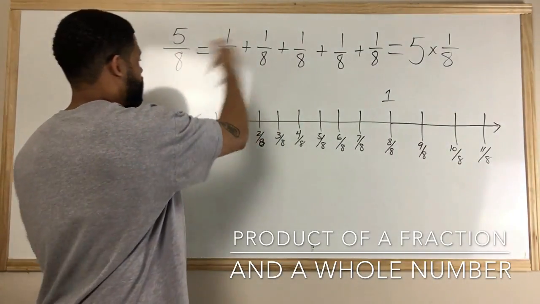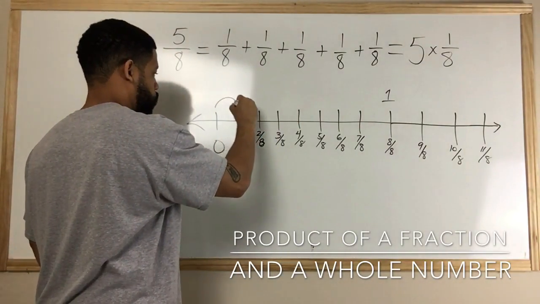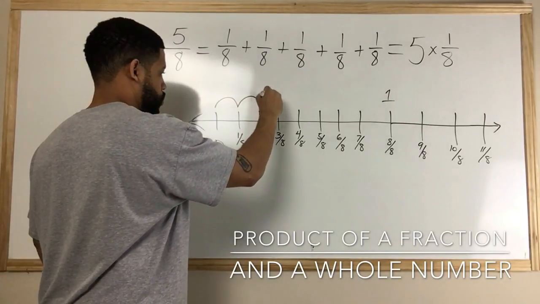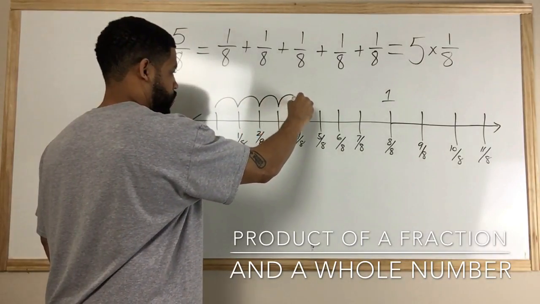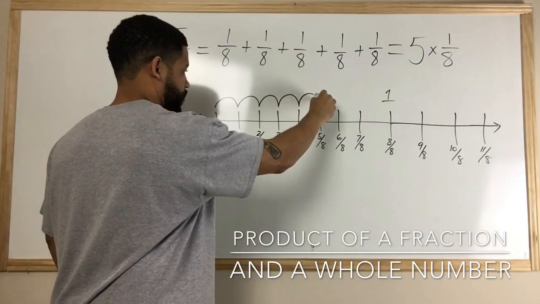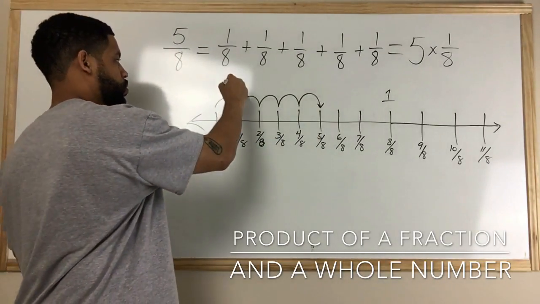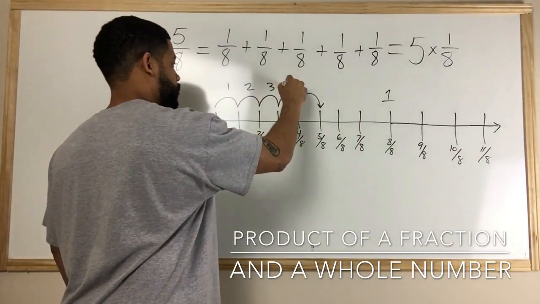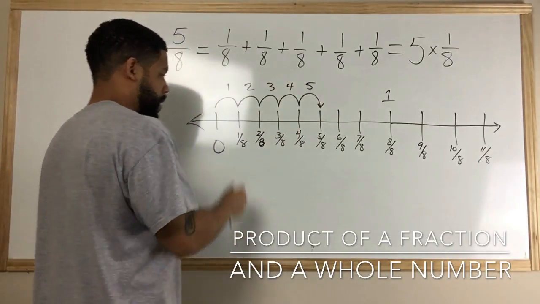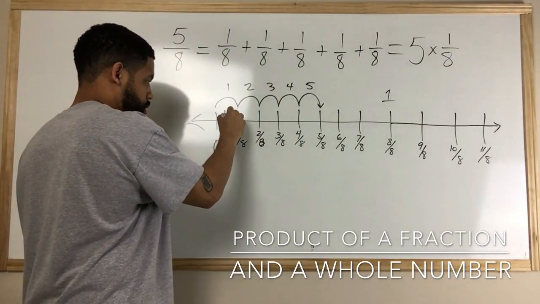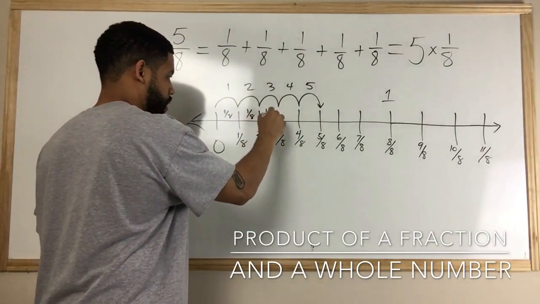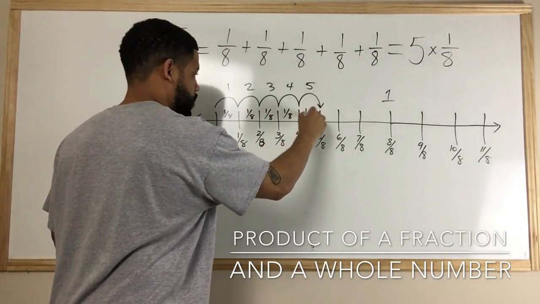So if we have 5/8, so 1, 2, 3, 4, 5. Okay? And each space, remember, is 1/8, 1/8, 1/8, 1/8, and 1/8.